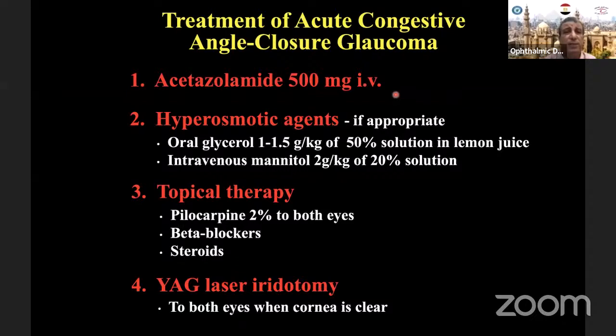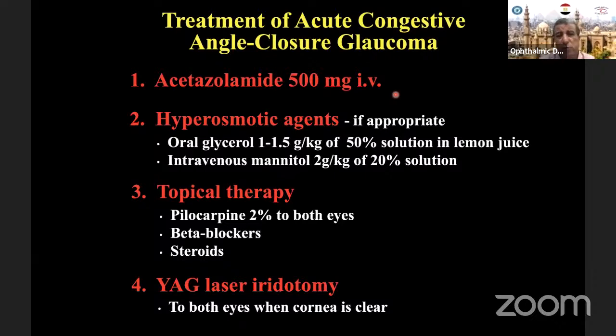It will decrease the intraocular pressure sharply by decreasing the release of aqueous in the ciliary body. So aqueous production is inhibited through carbonic anhydrase enzyme inhibition, and its action starts within 15 to 30 minutes. And then you maintain it with oral carbonic anhydrase inhibitors as well, like Diamox.